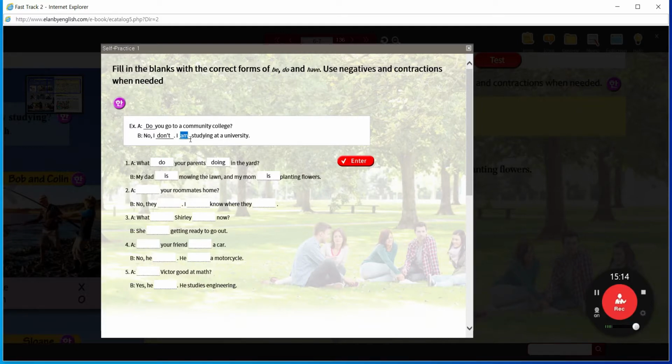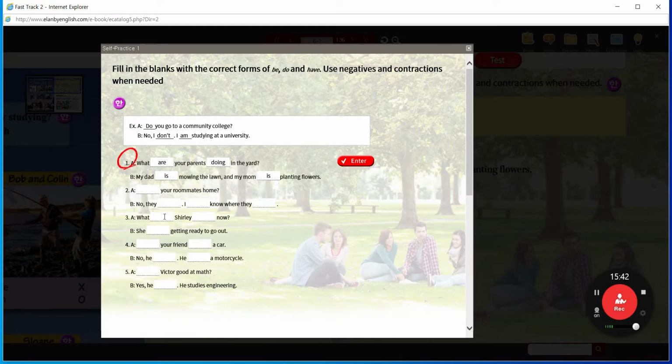So like here, I am studying, okay, for a statement. And the question is going to be are. So we're talking about two other people, they. What are they doing in the yard? He is mowing the lawn and she is planting flowers. How'd I do? Good.